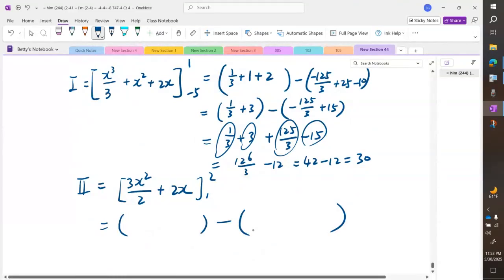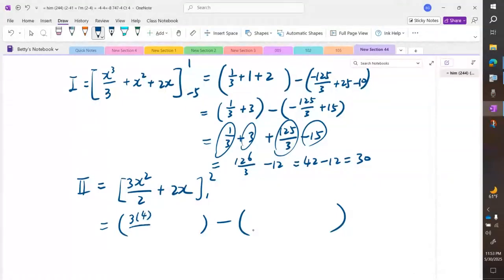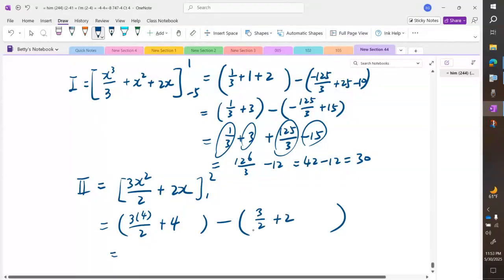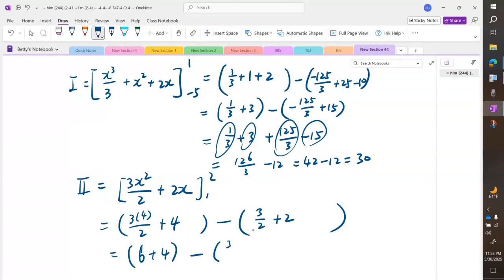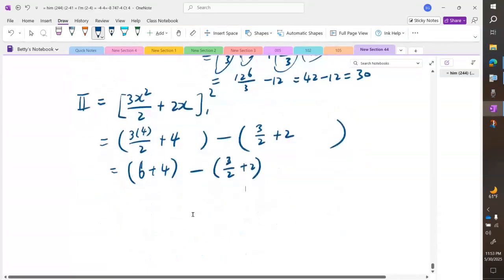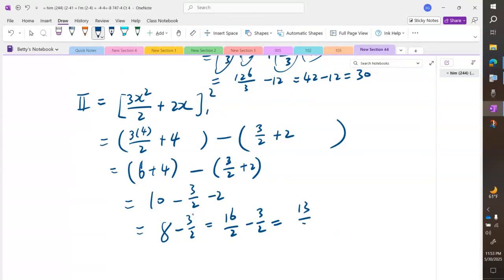First parentheses, plug in 2. Second parentheses, plug in 1. This is 6 plus 4, and this is 3 over 2 plus 2. Remove the parentheses. This is 10 minus 3/2 minus 2. 10 minus 2 is 8. 8 minus 3/2, 16 over 2 minus 3 over 2, 13 over 2.